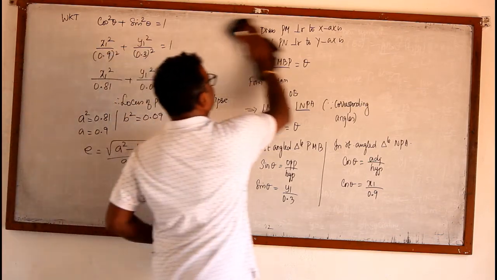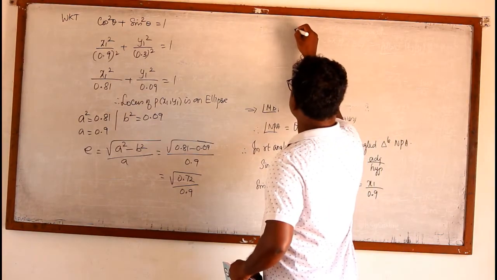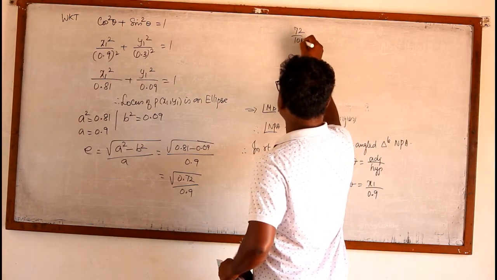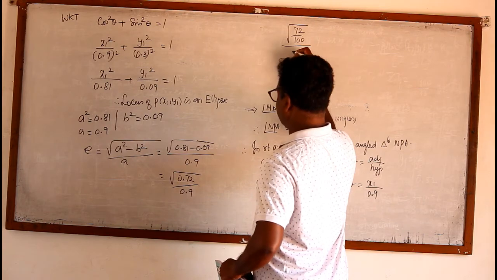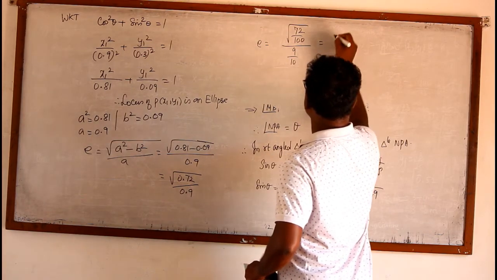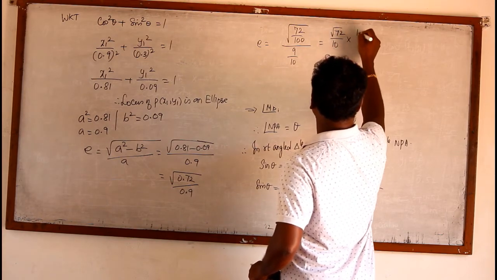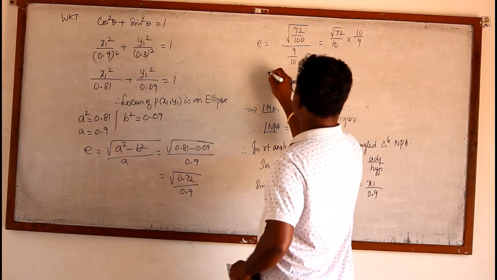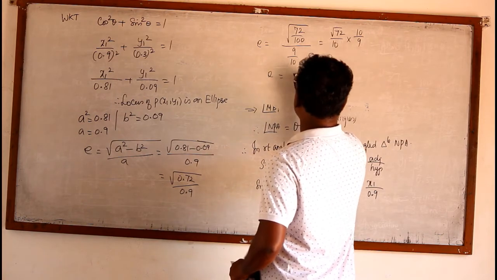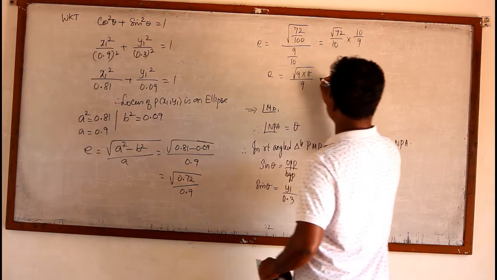But it is difficult for you to maintain the decimals. Shall I write this as root of 72 by 100, by 9 by 10? E equal to root 72 by 10 into 10 by 9. So E equal to, 72 means is it not 9 into 8, by 9, 10 cancels.